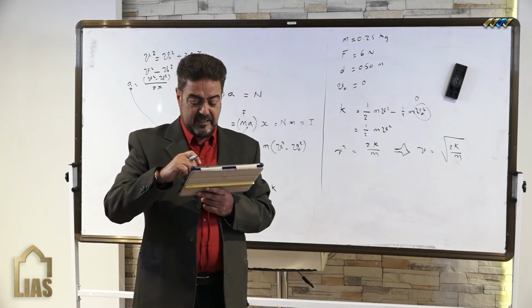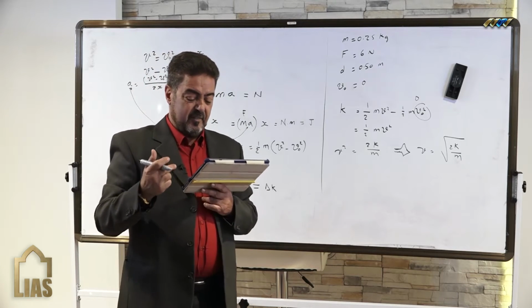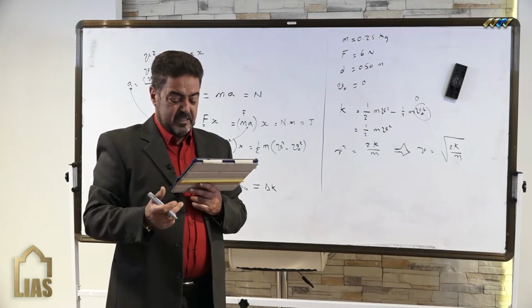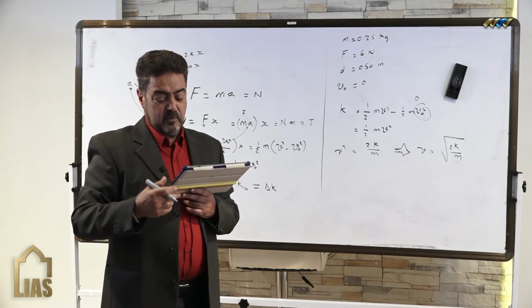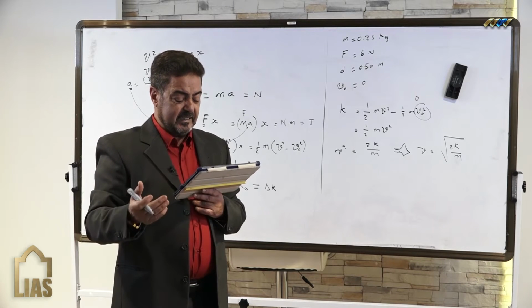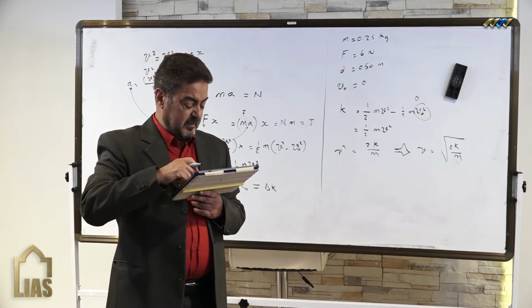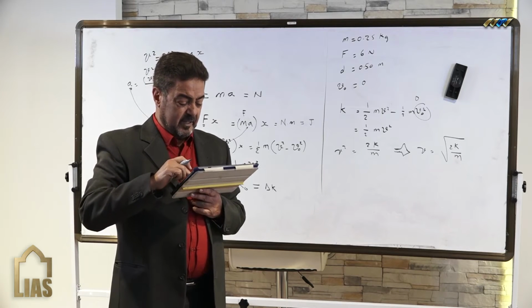You just apply the law here: K1 is half the mass times v1 squared, K2 is half the mass times v2 squared, and delta K is K2 minus K1, just using the calculator.